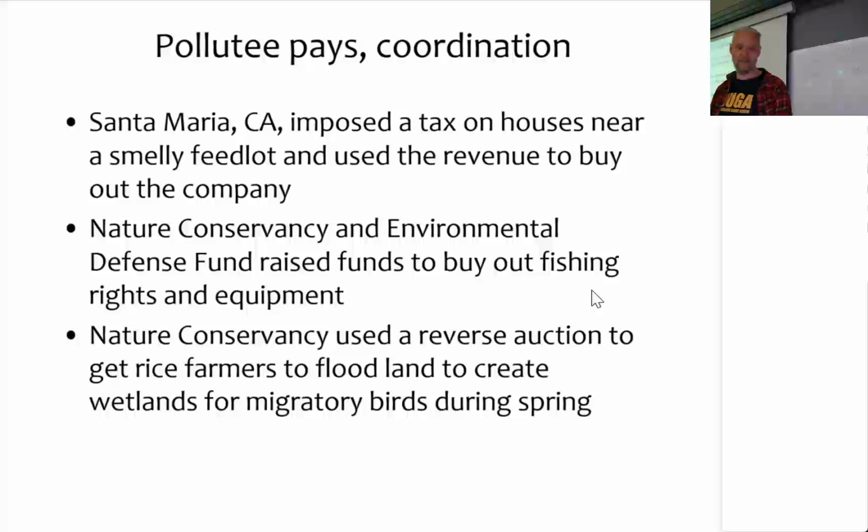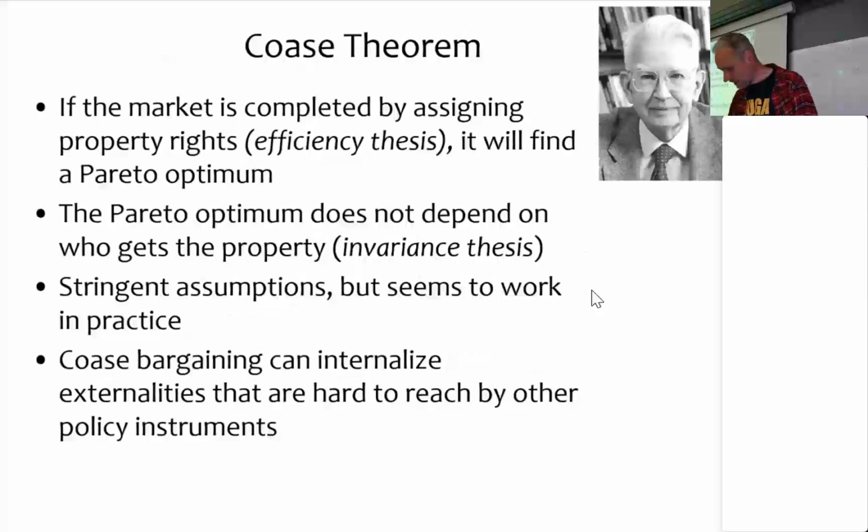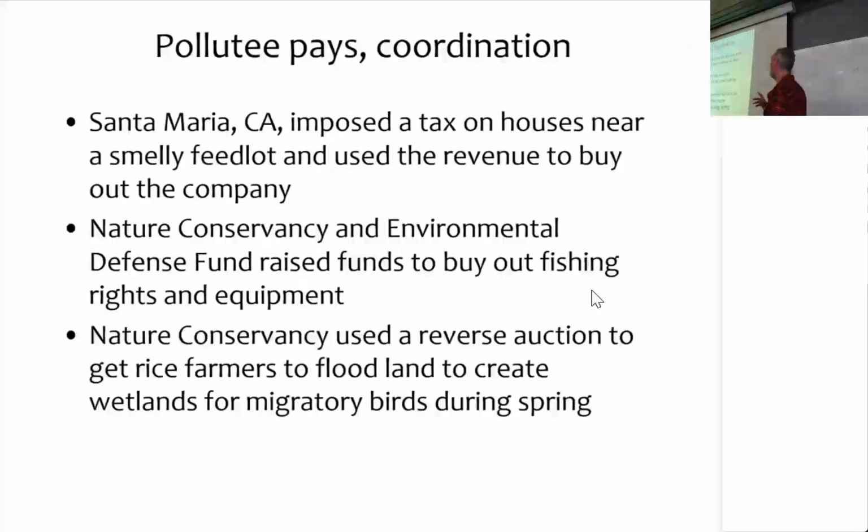Important thing here, and I have 1 minute left, is that in these cases, there wasn't just one polluter and one pollutee, right? In the Vittel case, there was one company and many farmers, and they solved the coordination problem.